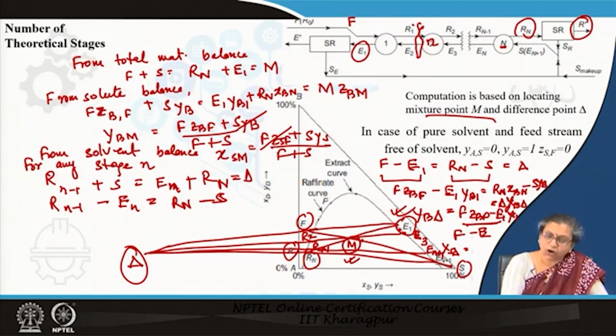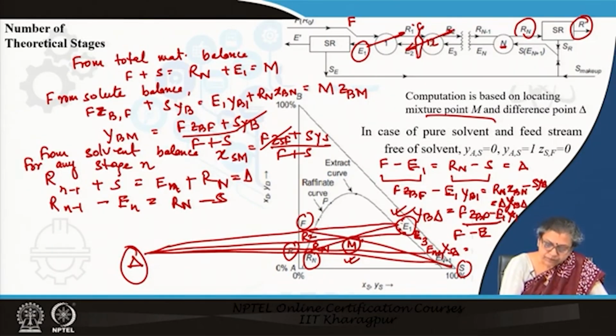Once this point delta is done, then what you do? From E1 you can draw a tie line. When you draw a tie line from E1, what do you get? Sorry, you get R1, because R1 and E1, these two are in equilibrium. For every particular stage we know that the exiting streams are in equilibrium.